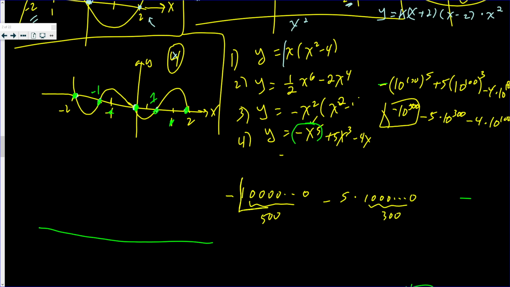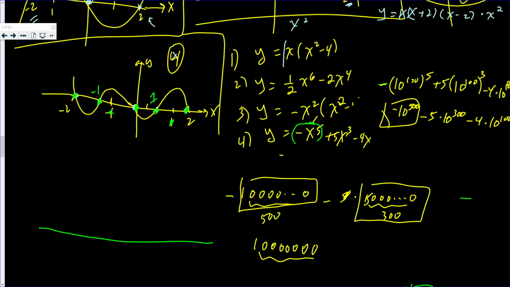This number versus this number, which is really going to have a 5 here. You're going to have 1 and then 200 zeros, and then you're going to have 5 and 300 zeros. Okay, so this is one number. I just added them.